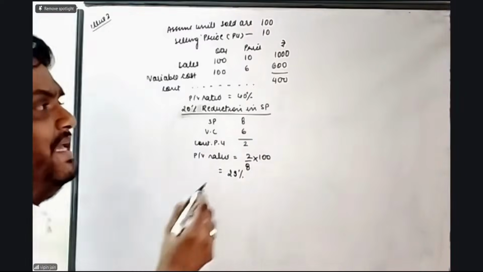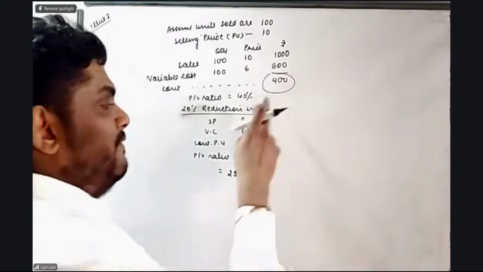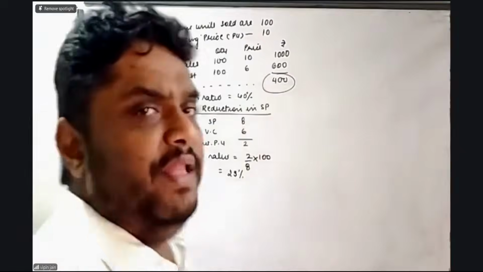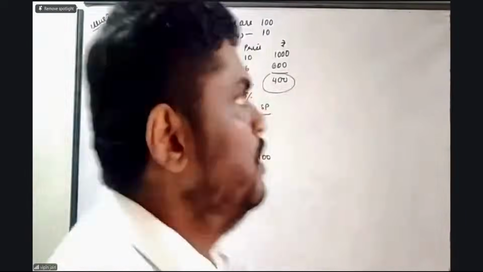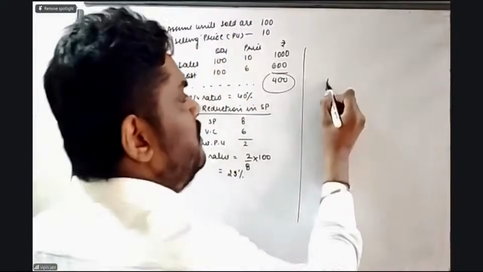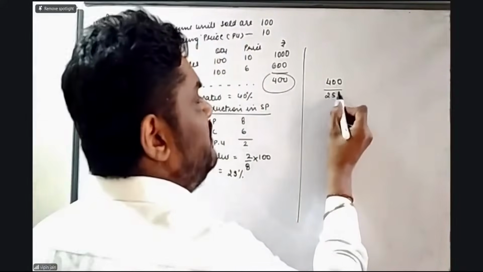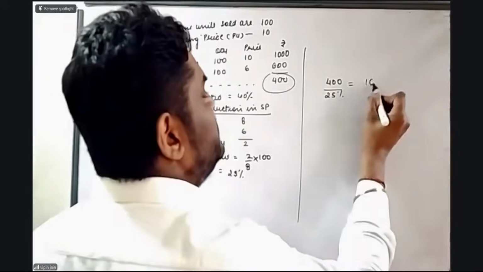Now the question is saying that even though the price is reduced to 8, we want to earn the same amount of profit, that is 400 as contribution. So very simple. We want a contribution of 400 with this new PV ratio, that is 25%. So how much sales is required? 1600 rupees.